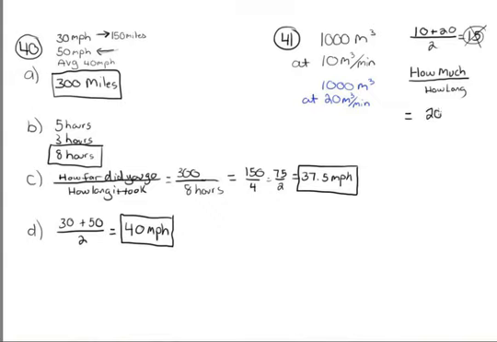So we've got 2,000 cubic meters. And now how long did it take? Well, we released the first 1,000 at 10 cubic meters per minute. So how many minutes did that take? 10 goes into that 100 minutes. So it took us 100 minutes to release that much.